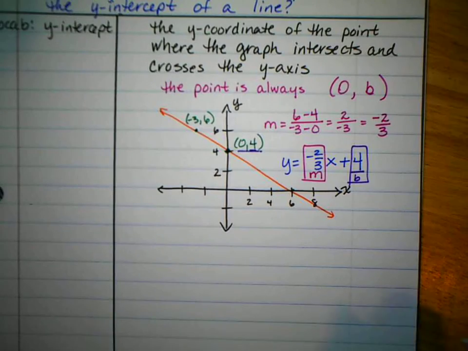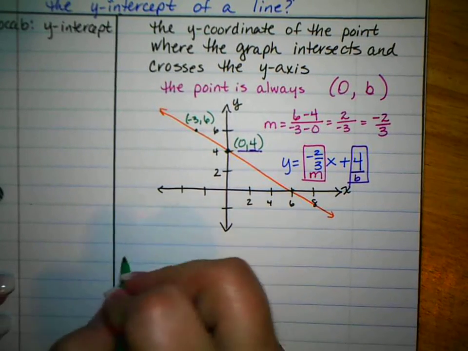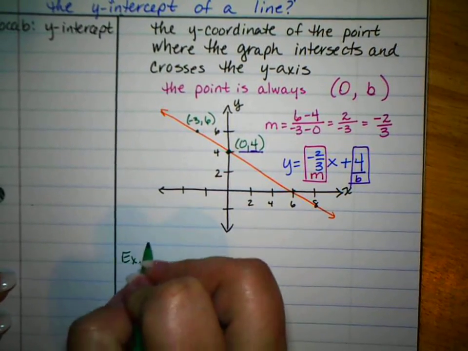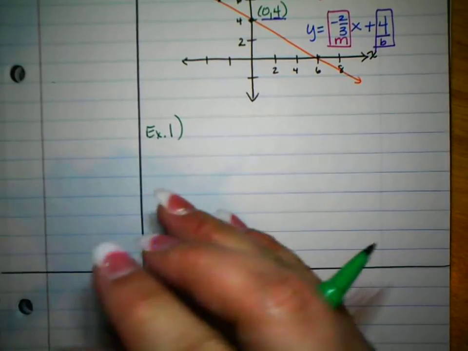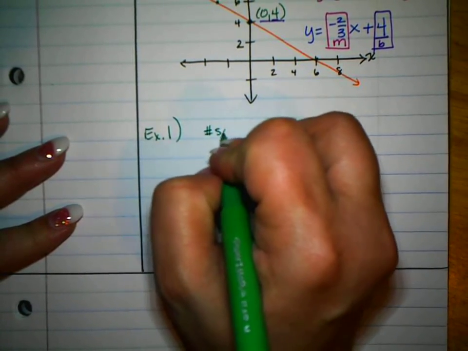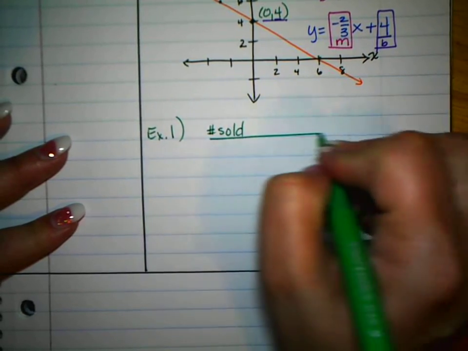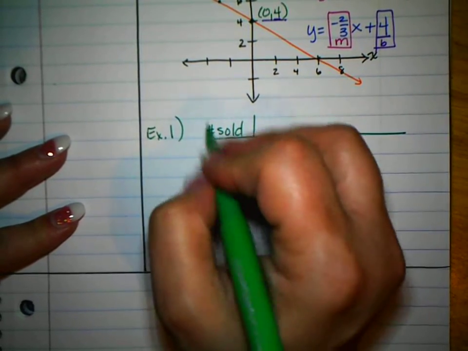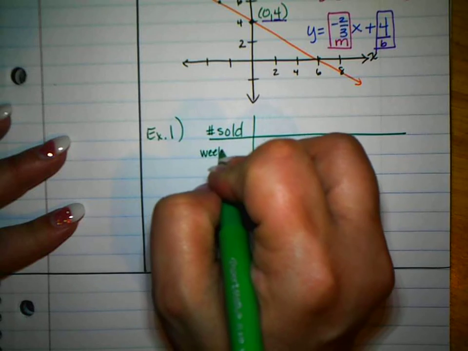Okay? So, we have example 1. And here's what we're going to put in our book. So we have the number sold over the weekly wage.